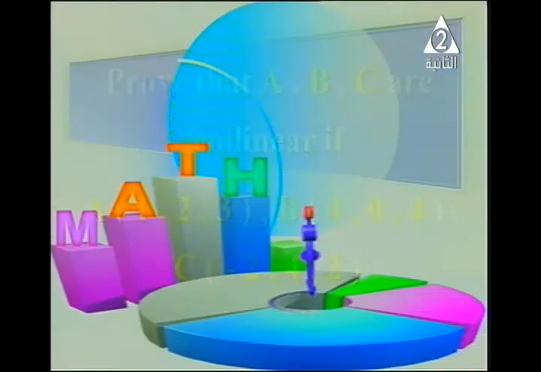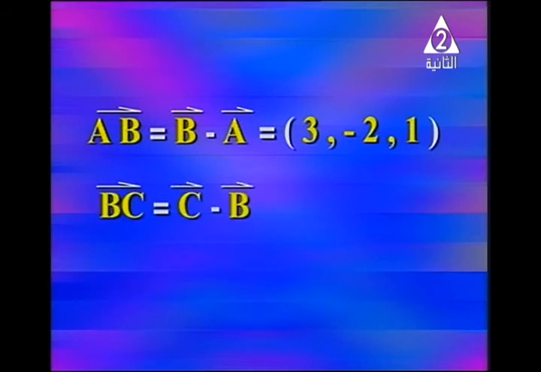By using solution, AB vector, what do you mean AB vector? B vector minus A vector, or point B minus point A, equals what? (3, -2, 1). BC vector, C minus B, is (-6, 4, -2) also. AB vector cross BC vector.